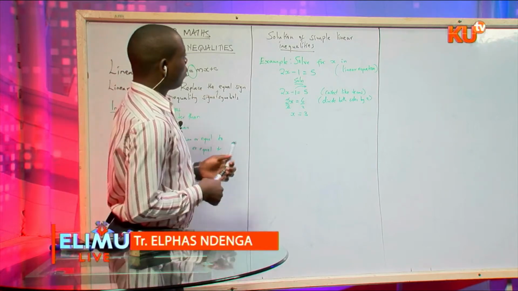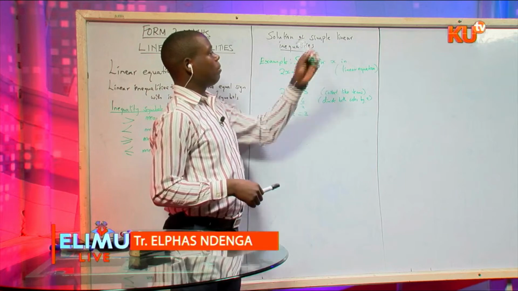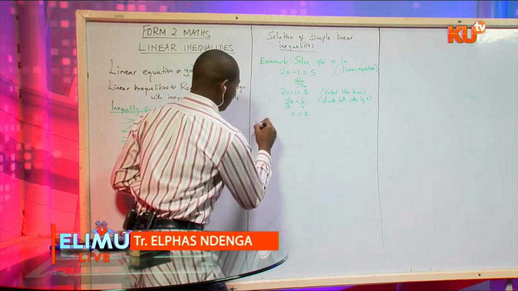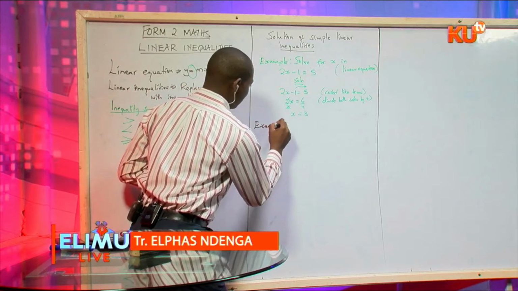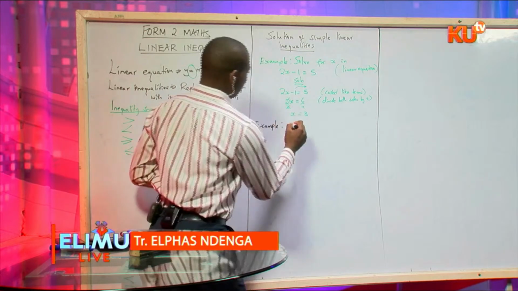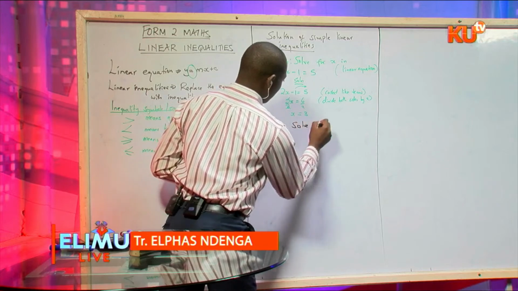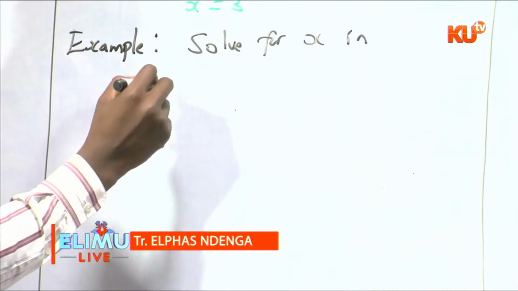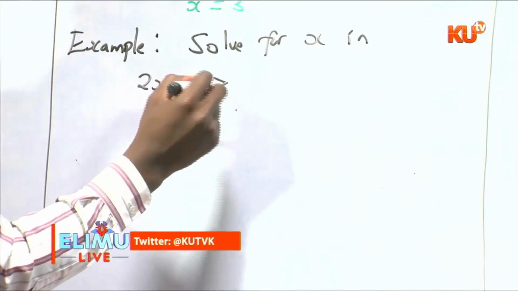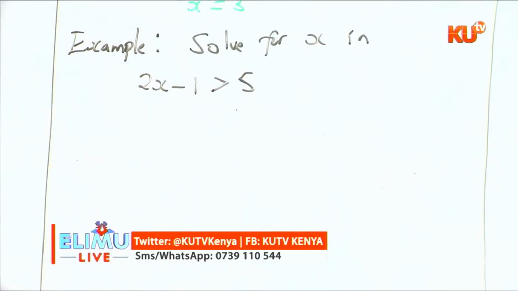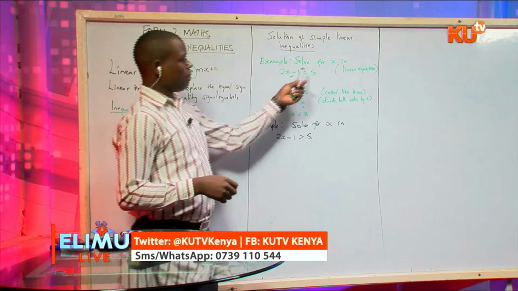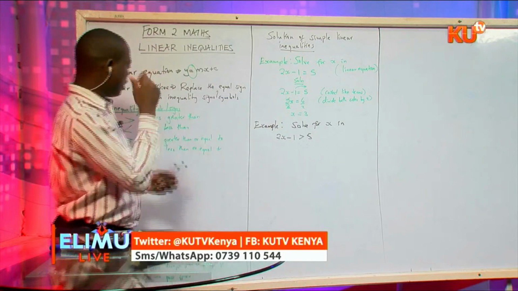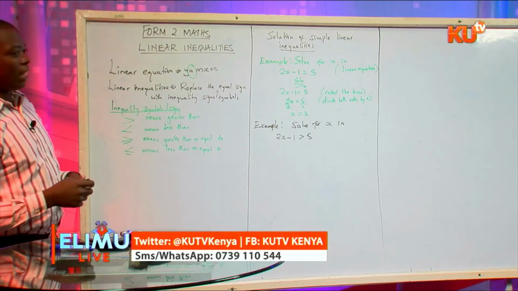The same concept is what we want to bring into the solution of simple linear inequalities. So the same question can now appear as follows: solve for x in 2x less 1 greater than 5. Same case, but instead of the equal sign, we've replaced it with one of the inequalities, which is greater than.